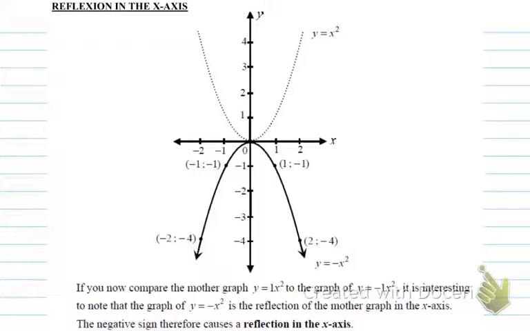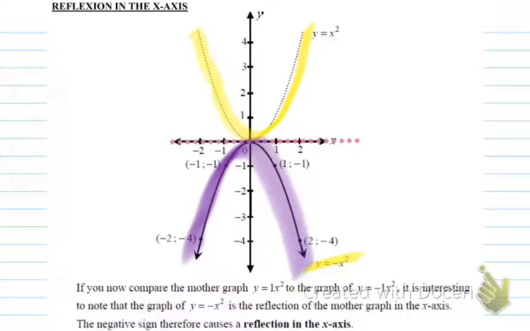Let's look at a reflection in the x-axis. Compare the mother graph, y is equal to x squared, that's the concave up graph. If I just put a negative in front of the x squared, this is the equation y is equal to negative x squared, then it's a reflection in the x-axis, which means if I fold it on the x-axis, exactly the graph of y is equal to negative x squared will be formed.